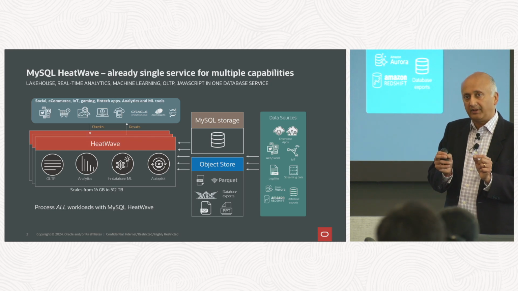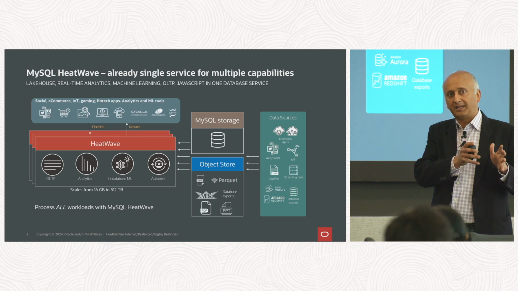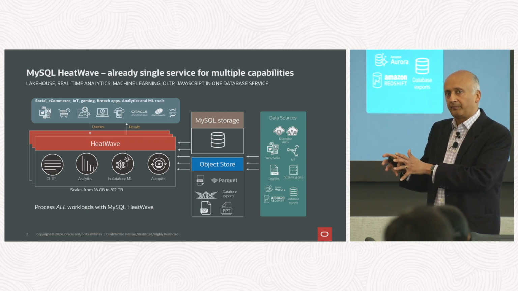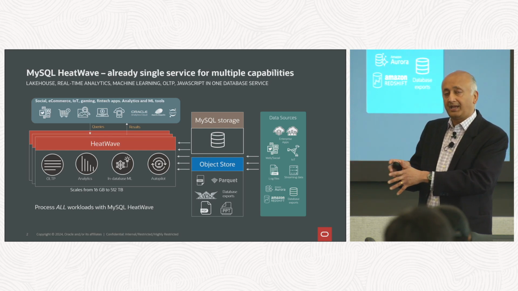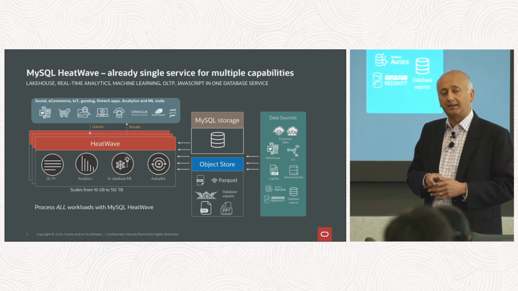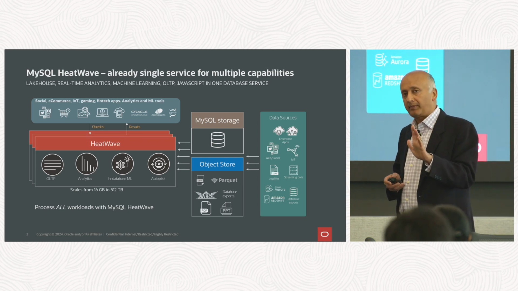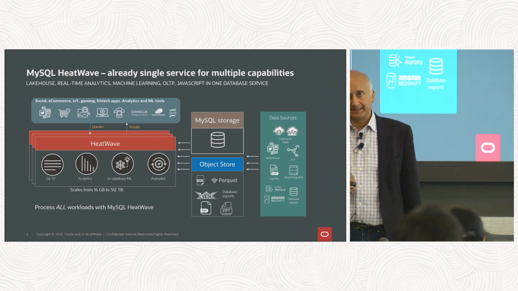With MySQL HeatWave, you can take existing applications which run on MySQL and have them run against data in the object store. This data can be structured, semi-structured, and very shortly unstructured as well. So that's the first aspect: no proprietary extensions. This is adhering to the MySQL syntax and semantics.